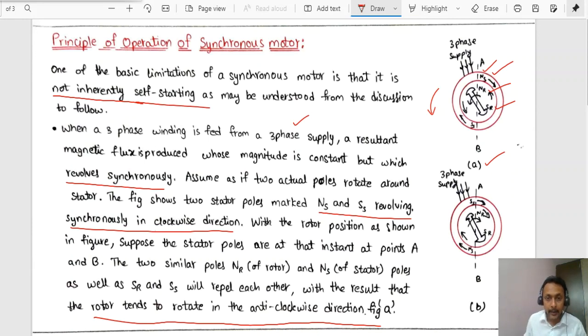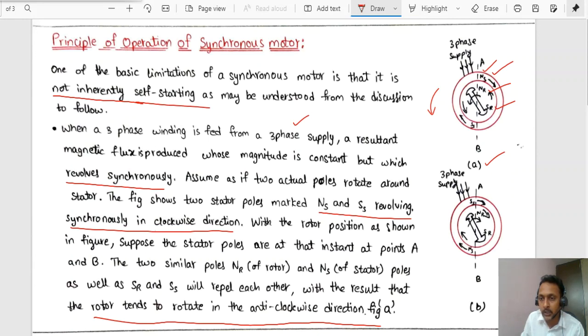By the time this rotating flux changes its position, the rotor fields will not be in a position to catch up with the rotating field. How do you understand that? The stator has already changed its fields.